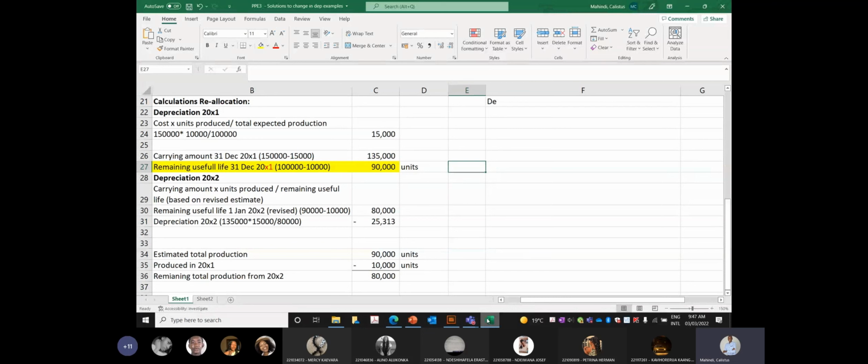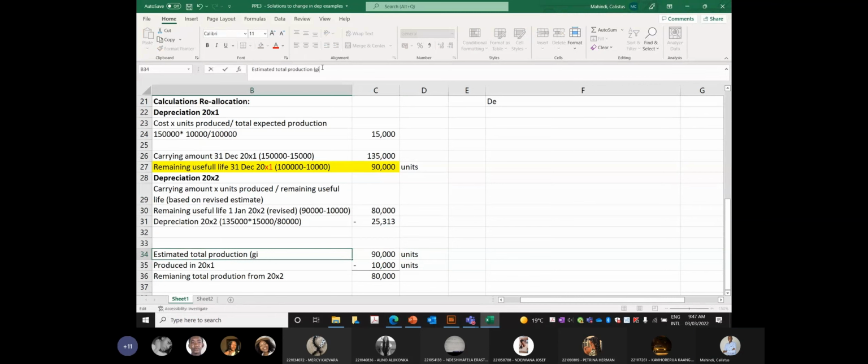All right, do you understand where we arrive at the 90,000 units? No. This estimated total production, let me call it revised estimated total production.